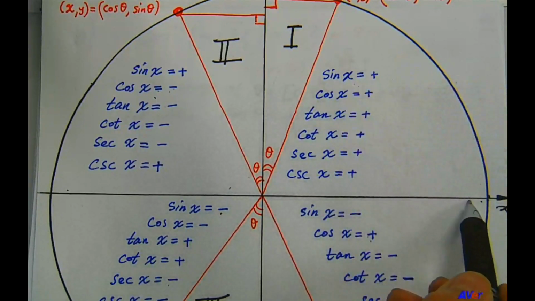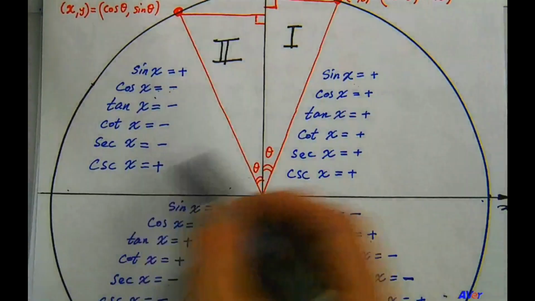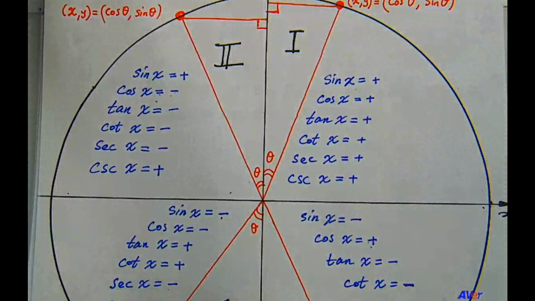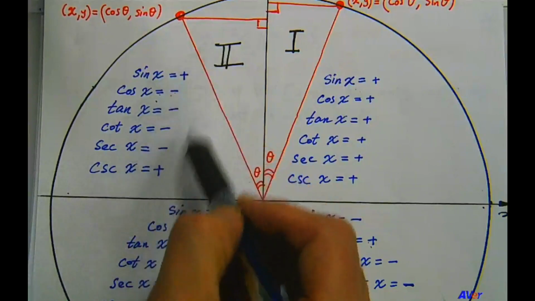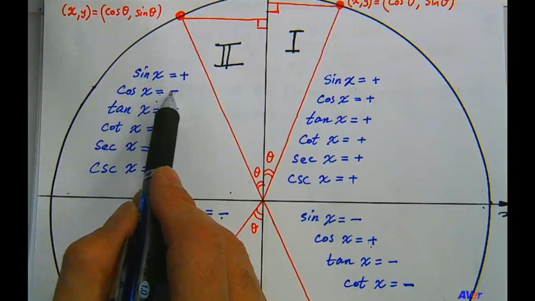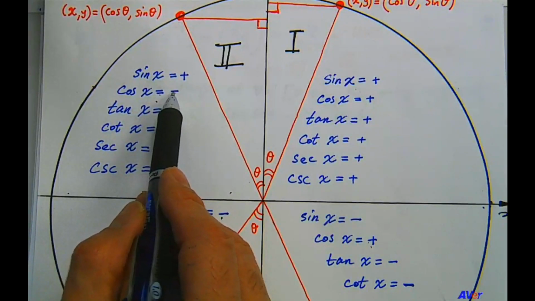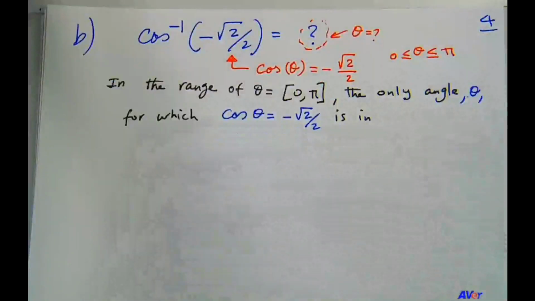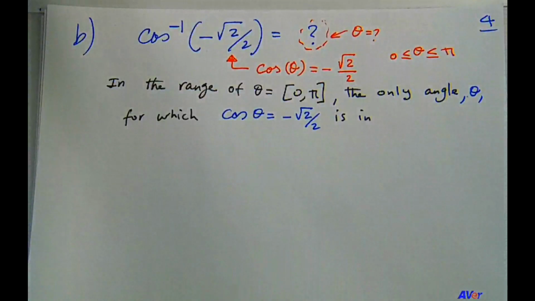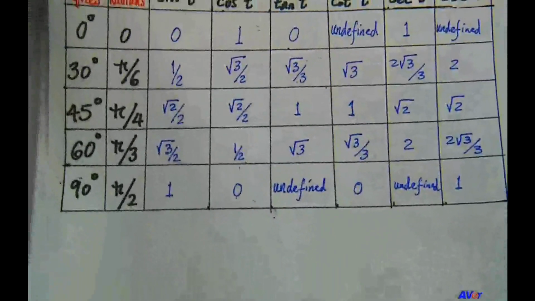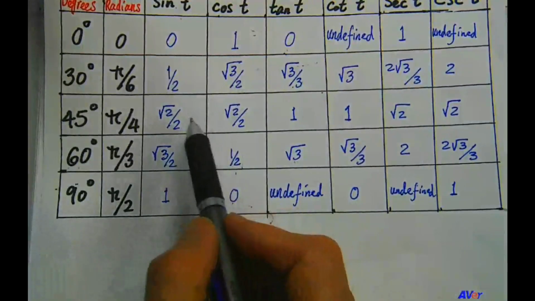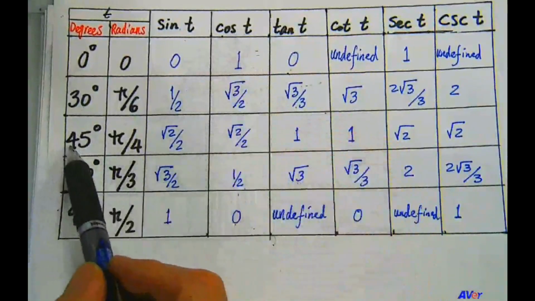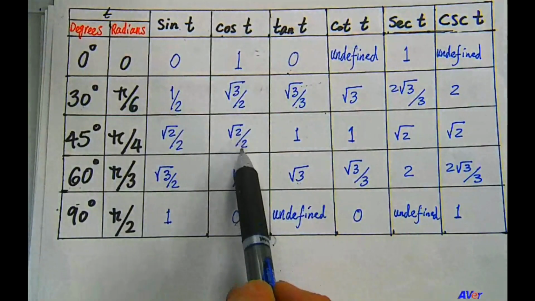Going from 0 to pi, everything in the first quadrant is positive, and we have minus square root of 2 over 2. So we must be in the second quadrant because of that minus. And the reference angle, let me correct myself there, should be, cosine of 45 degrees is square root of 2 over 2.